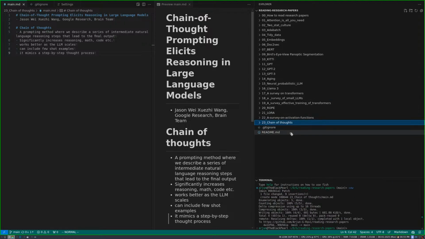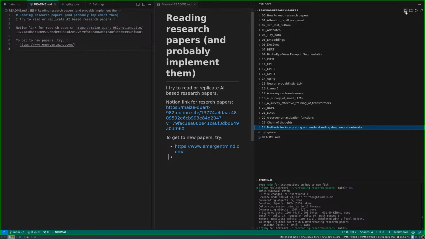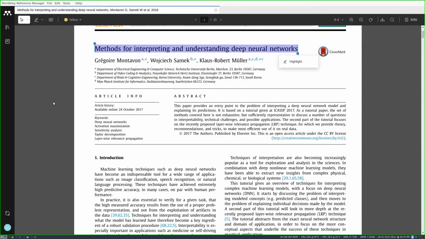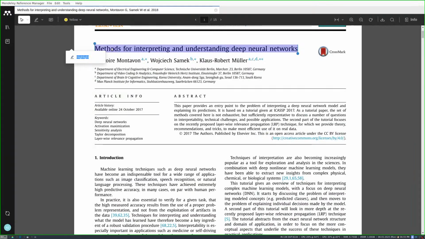And I will do this in Mark one. Methods for interpreting and understanding neural networks. I'm not fully completed to read the paper just now.